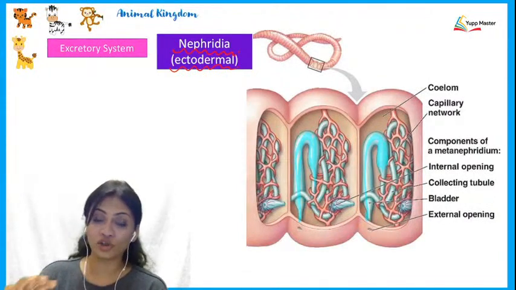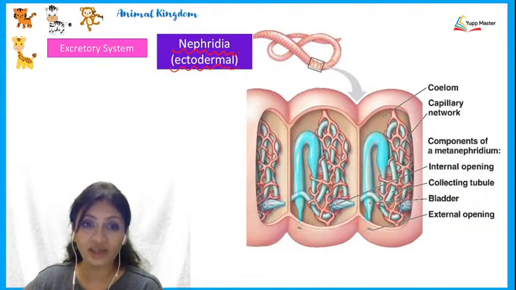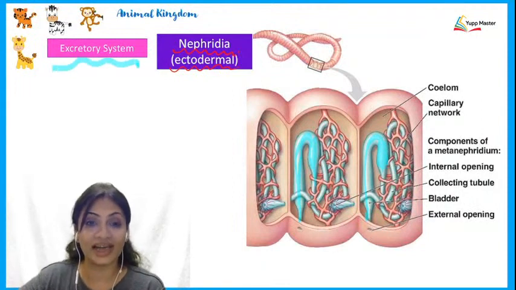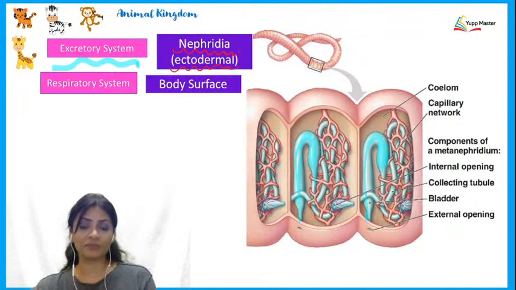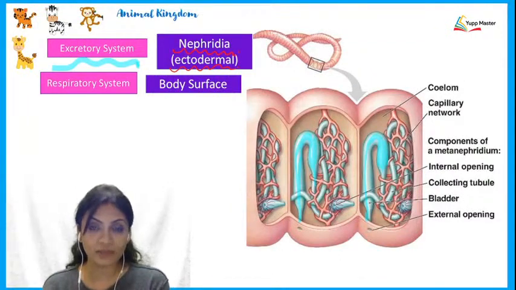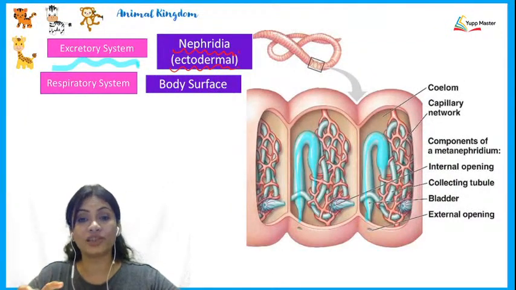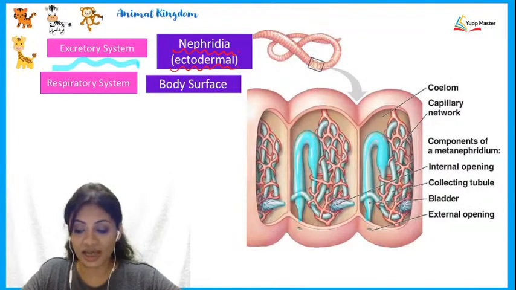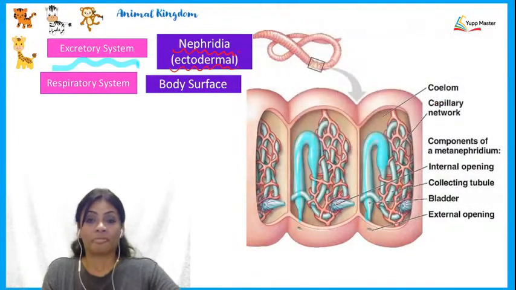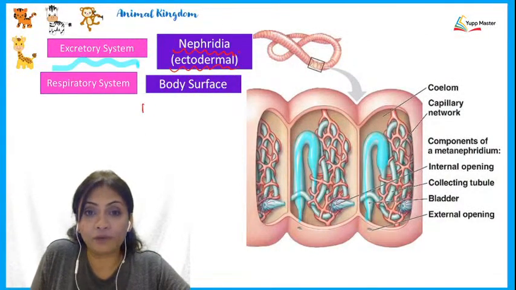Removal of nitrogenous waste is what we refer to as the excretory system. After the excretory system, talking about the respiratory system, these animals breathe through their body surface, which means their whole respiration is based on the process of diffusion.